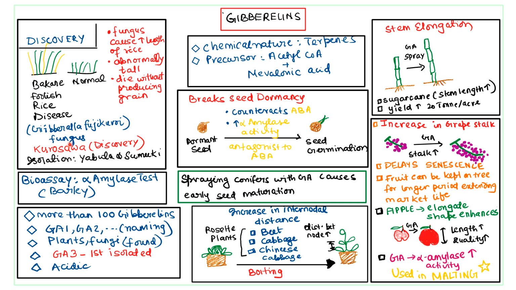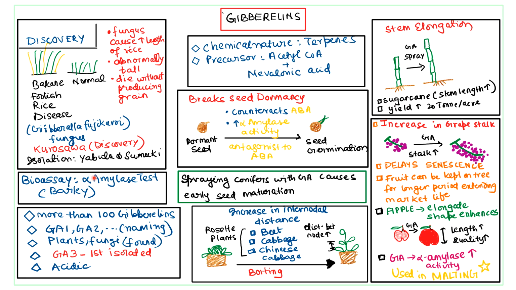That fungus Gibberella fujikuroi also has a growth regulator, that is gibberellic acid, which causes rapid elongation of the rice plants. Later on, isolation of gibberellic acid was performed by Yabuta and Sumiki.